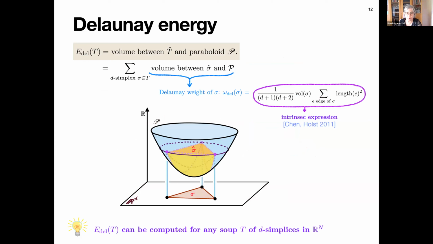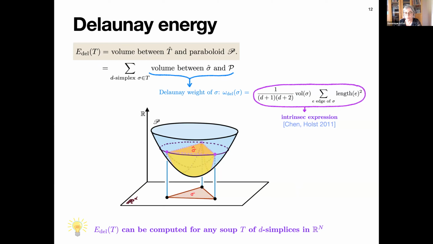It can be expressed as the sum over all these simplices in the triangulation T of the volume between the simplex lifted and the paraboloid. And this volume that has been represented here in yellow is what we call the Delaunay weight of sigma.